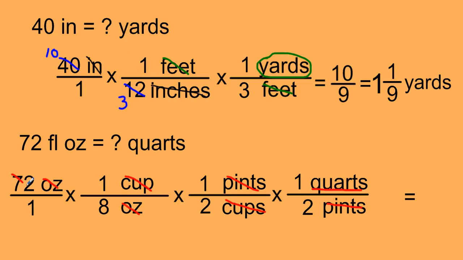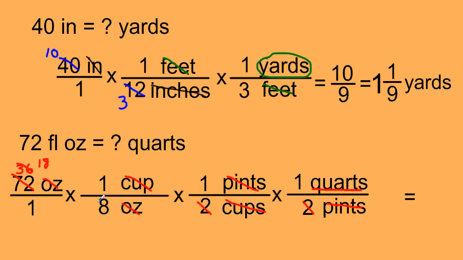When we factor a 2 out of the 72, it leaves us with 36. So I can factor a 2 out of the denominator as well. I'll factor another 2 out of the denominator, and when I take 36 divided by 2, I get 18.